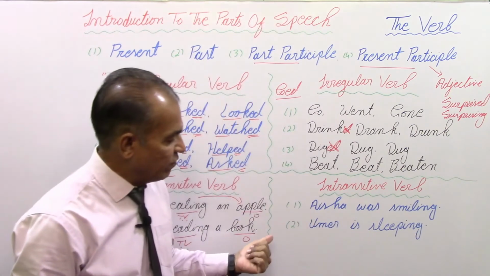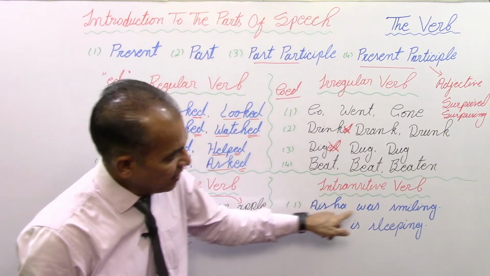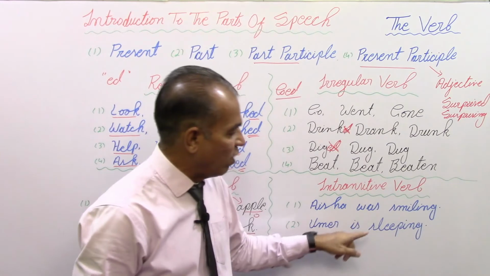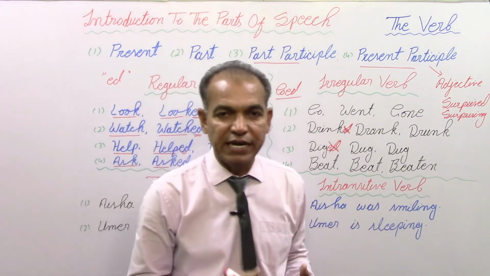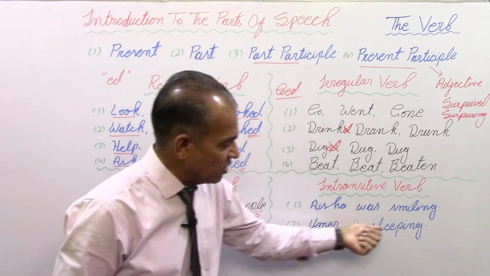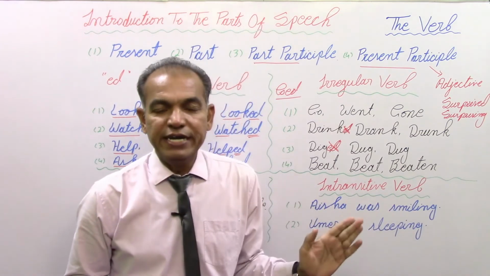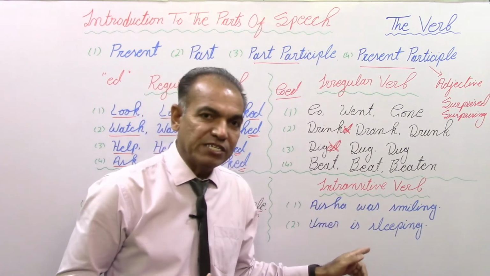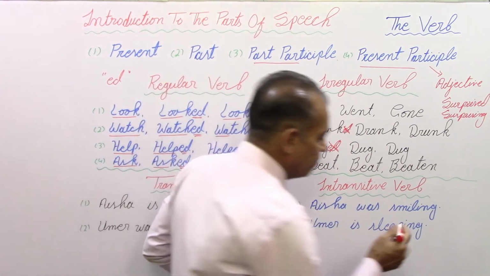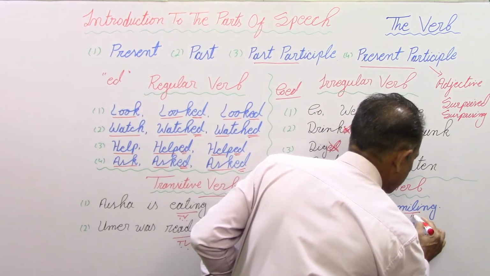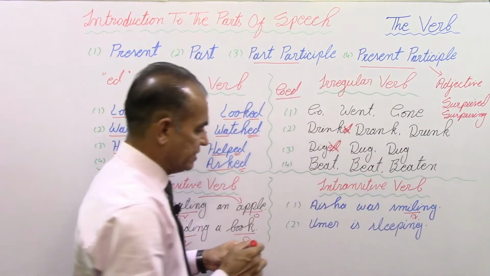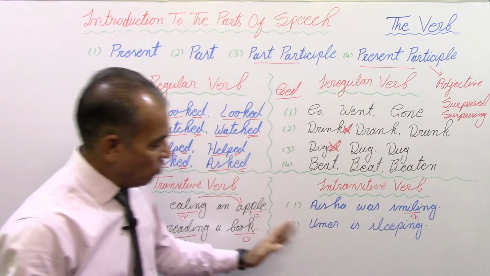For example, if you want to perform the action of smiling, Aisha was smiling. So if you want to perform the action of smiling, you don't need any object to perform this action. So this kind of verb is called an intransitive verb. In the same way, Umar is sleeping.